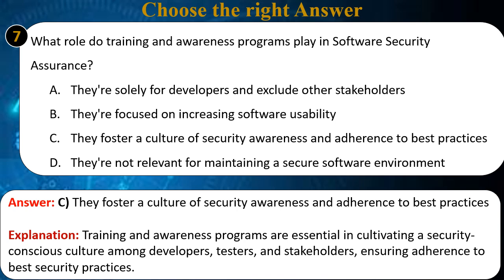B. While user experience is important, training and awareness in SSA mainly focus on security aspects, not software usability. D. Training and awareness play a crucial role in empowering individuals to identify and prevent security risks. Hence, they are quite relevant for maintaining a secure software environment.